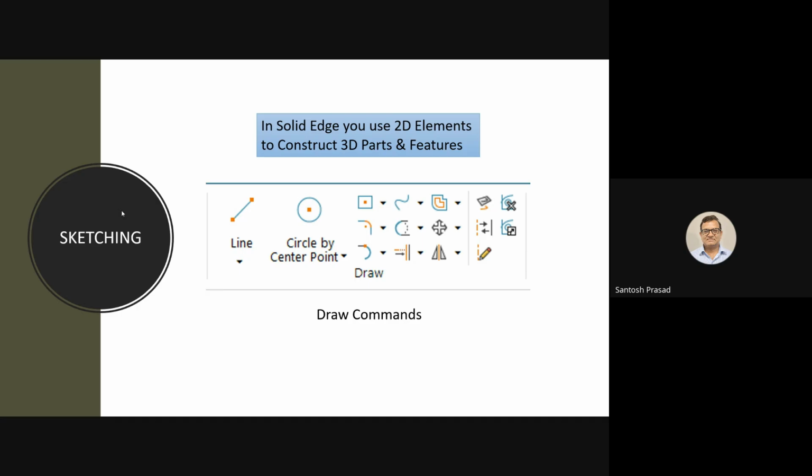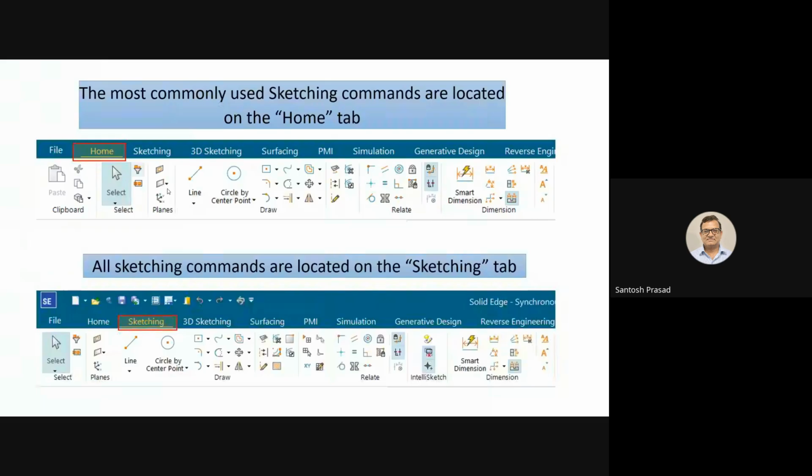And you get what you are basically trying to create. So the first thing is the sketching, which is basically 2D, created on a plane or any planar face available in the user interface. So the basis will be the sketching, and then we'll create many more features on top of that.